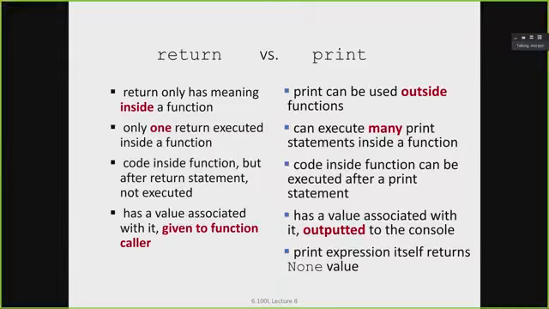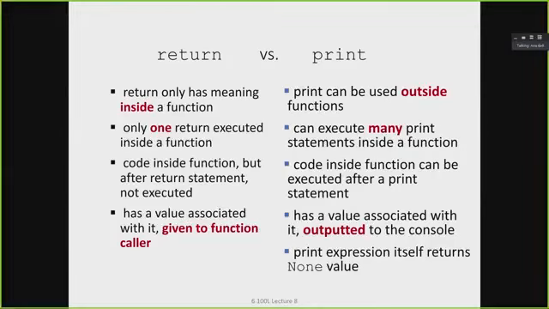Print statements can be put wherever you'd like, inside functions, outside functions, and they all get executed. You can have many return statements inside a function, like if you have a function that returns 0 if some condition applies or 1 if some other condition applies, then you can have those 2 return statements.